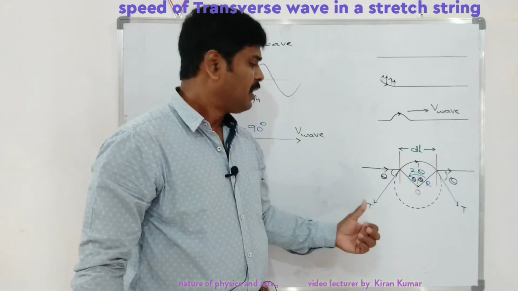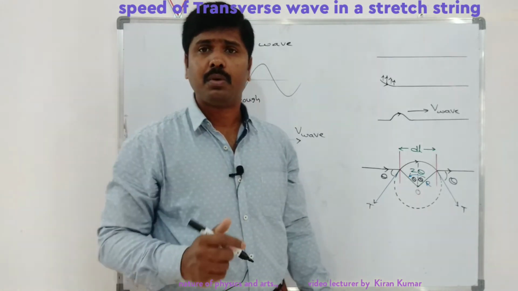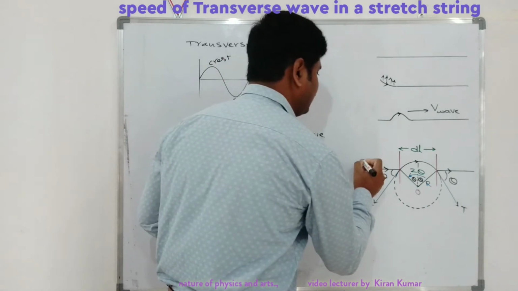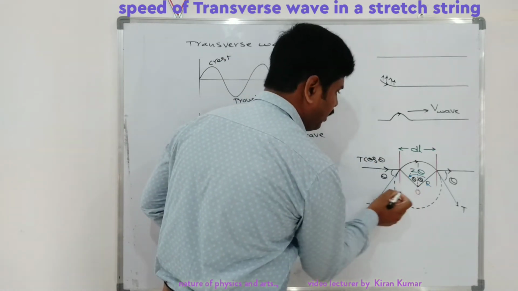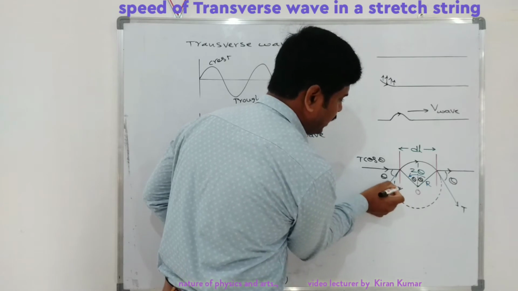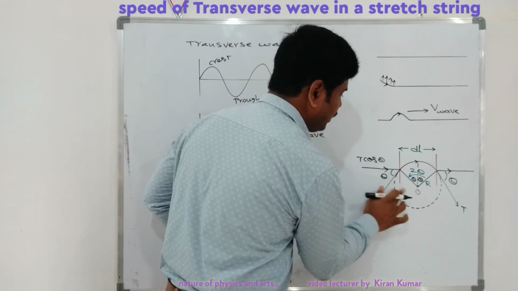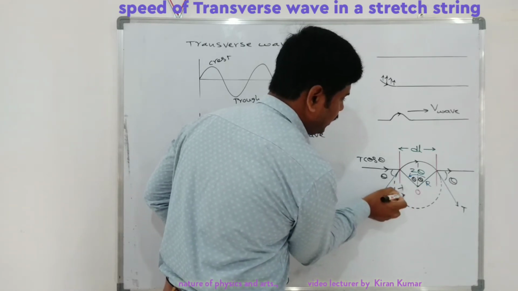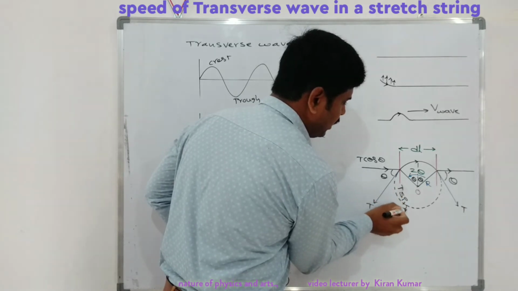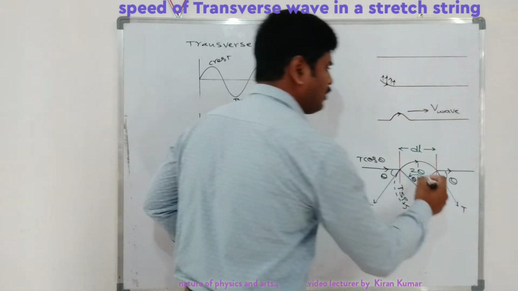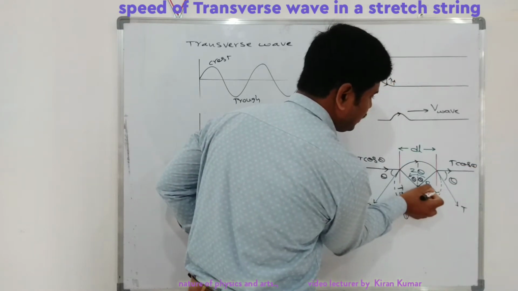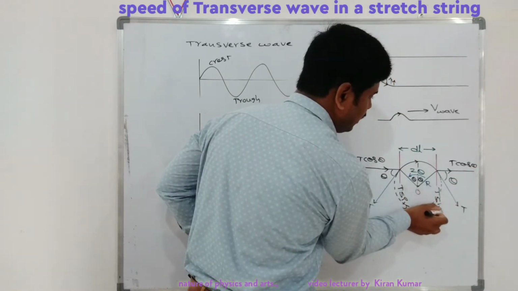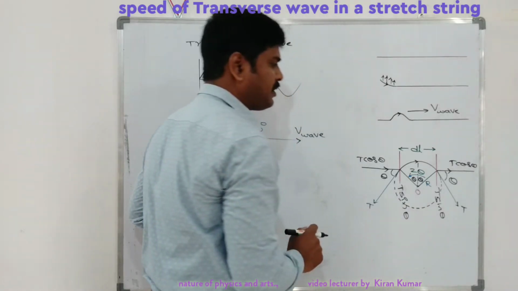Then we can take each tension resolved into two components. First one is T cos theta, and in the vertically downward direction, this is taken as T sin theta. Here T sin theta, here also T cos theta, and this is T sin theta. Try to understand.